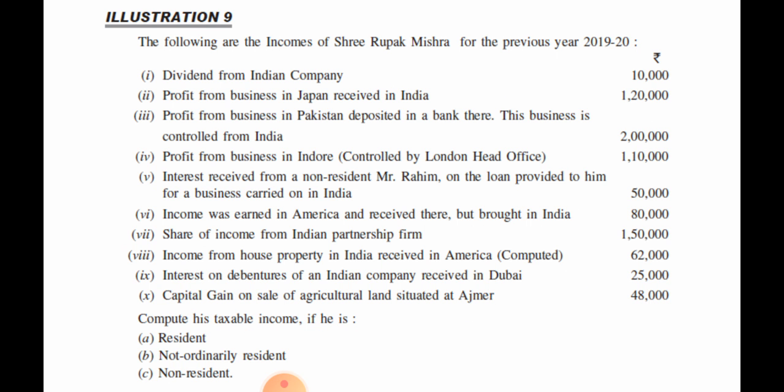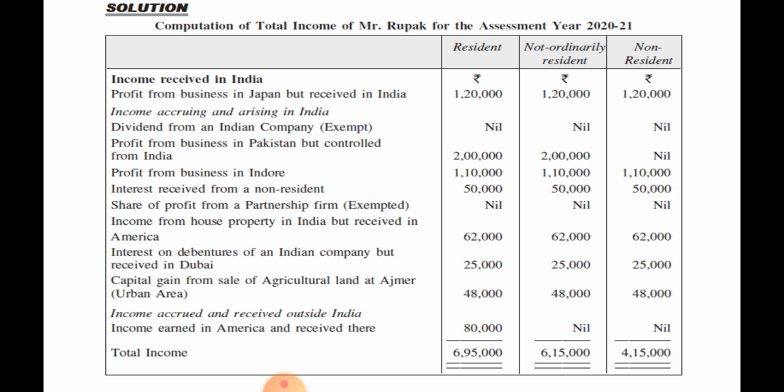Then the next point is interest received from a non-resident, Mr. Rahim, on the loan provided to him for a business carried on in India.